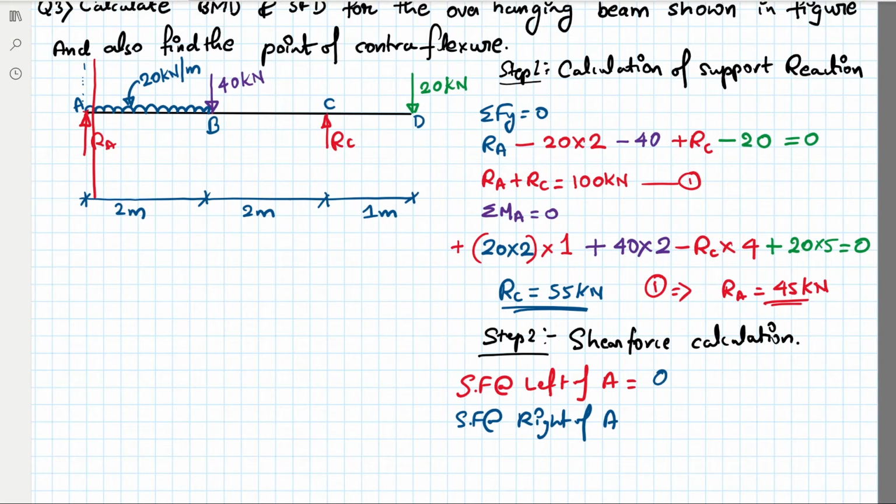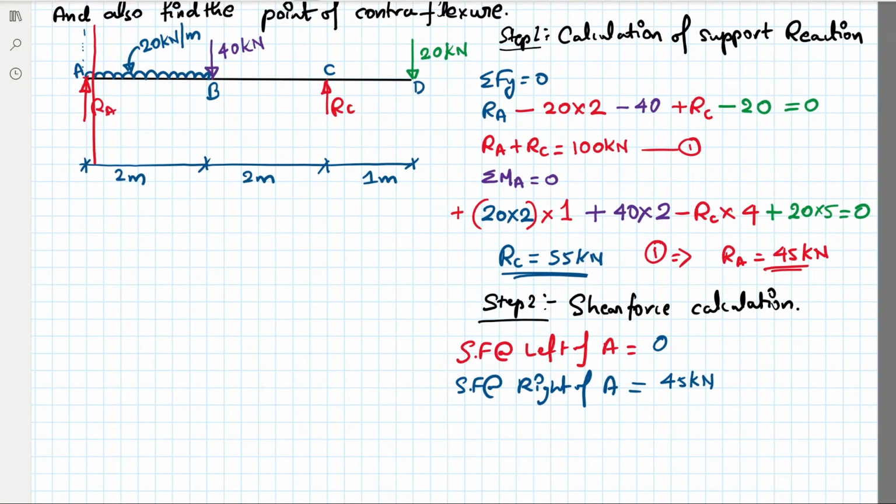On the left side, upward forces are positive, downward forces are negative. If I consider the left side, we have only RA, which is acting upward, therefore shear force is equal to RA. So we got the answer: RA is equal to 45 kilonewton.